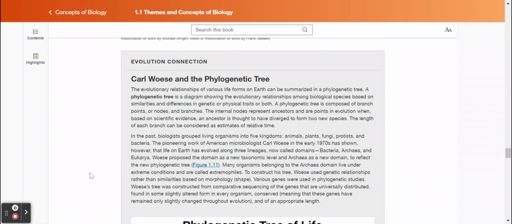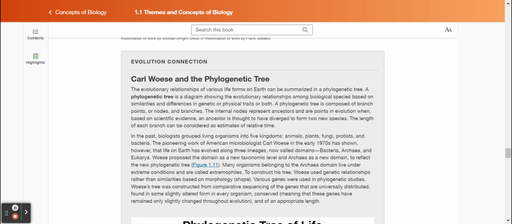Evolution connection. Carl Woese and the phylogenetic tree. The evolutionary relationships of various life forms on Earth can be summarized in a phylogenetic tree. A phylogenetic tree is a diagram showing the evolutionary relationships among biological species based on similarities and differences in genetic or physical traits, or both.